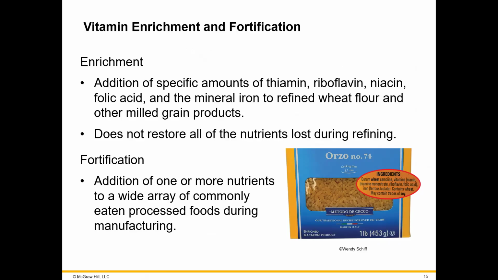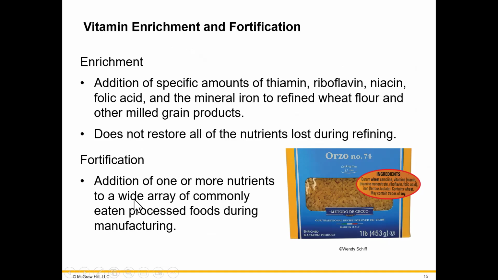Okay, very little nutrient benefit. So they often will enrich or put back some of those vitamins that were milled out. So when you go to the store and buy flour, regular white flour, or wheat flour, you'll see that it is enriched, meaning they have added certain vitamins back to it.